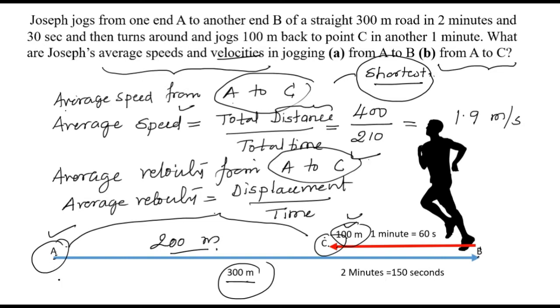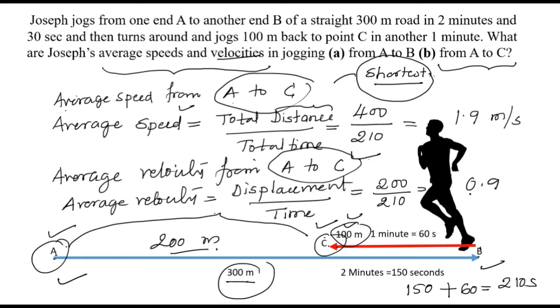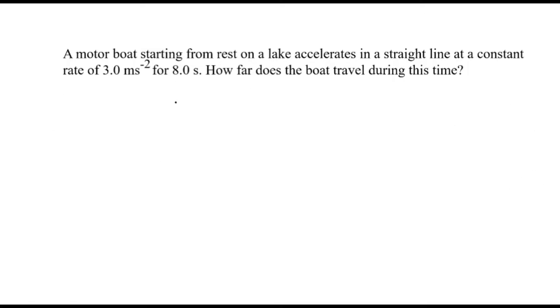To reach from A to B and then to C, it has taken 150 plus 60, which is equal to 210 seconds. So therefore here displacement is 200 meters divided by 210 seconds, which is almost equal to 0.9. I'll stop here for single digit, meter per second. We will go for the next question.